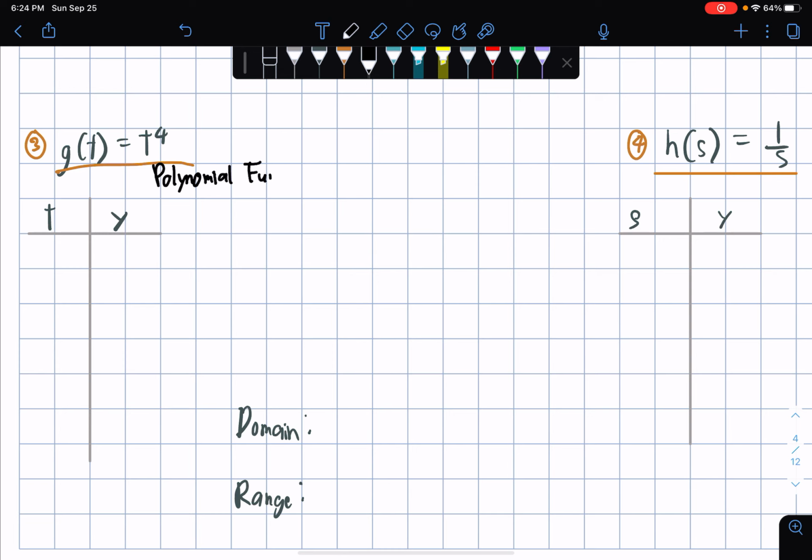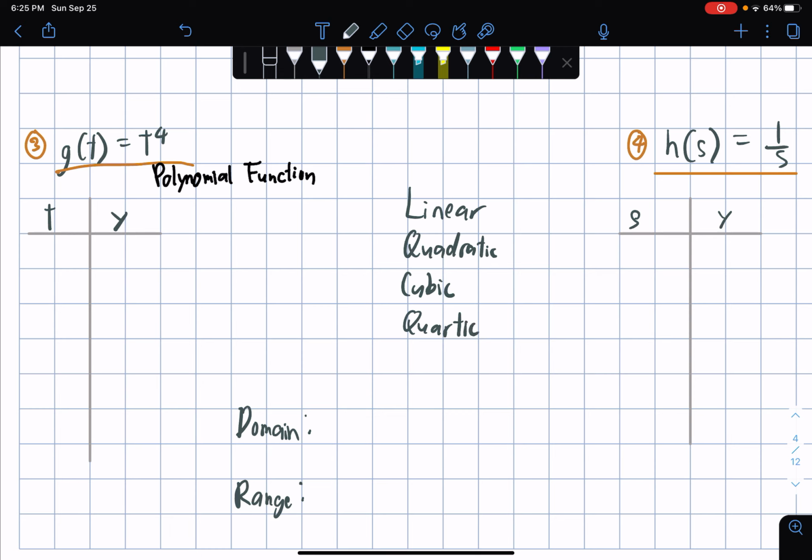The term polynomial is a more generalized term for functions that have exponents higher than 3. So we know that linear is raised to 1, quadratic is raised to 2, cubic is raised to 3, and I think quartic is raised to 4, then yeah, I don't know what else.